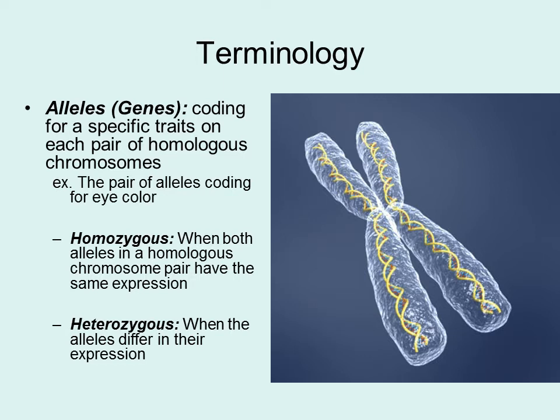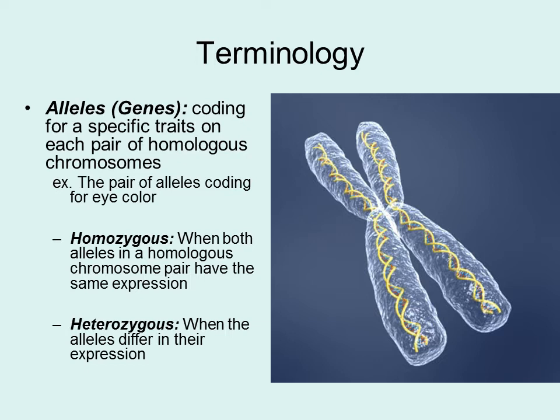And so on each chromosome, a homologous pair of chromosomes would be the chromosomes not necessarily exactly identical, but they contain similar information. One is from mom and one is from dad. So let's say you have eye color on it. Then you would refer to the alleles. That's the gene coding for the eye color.